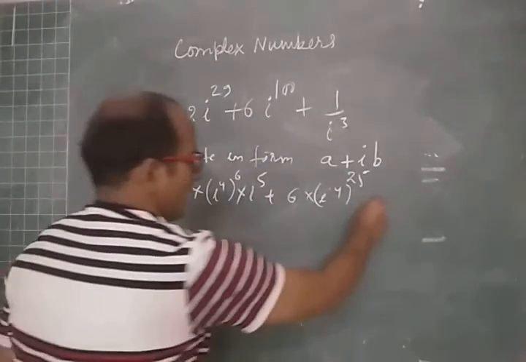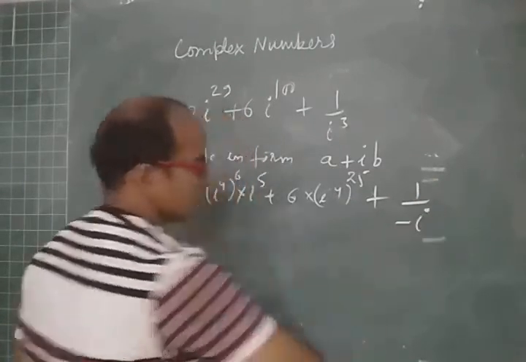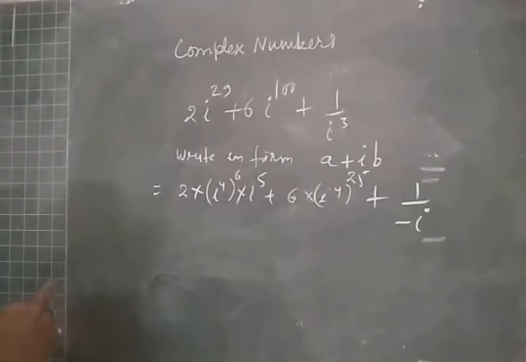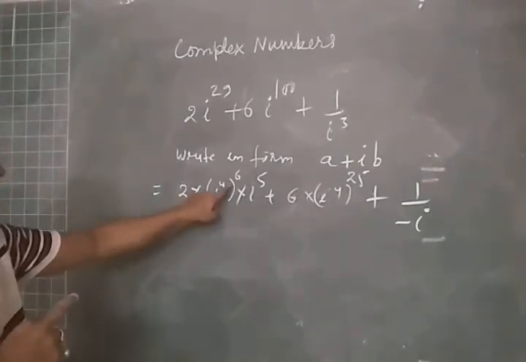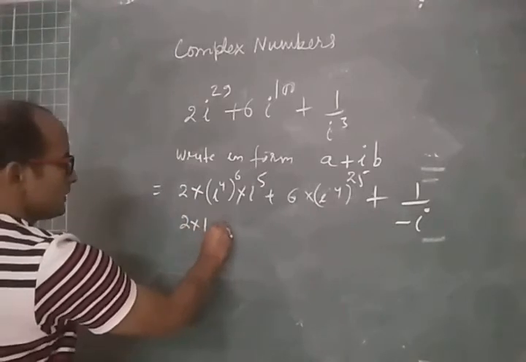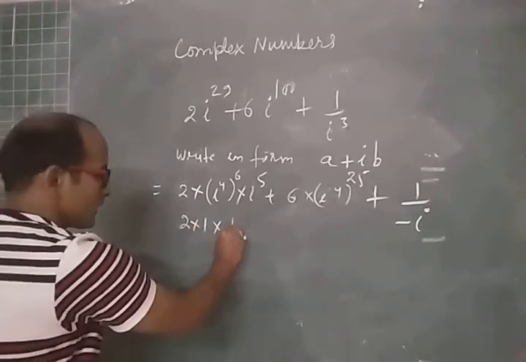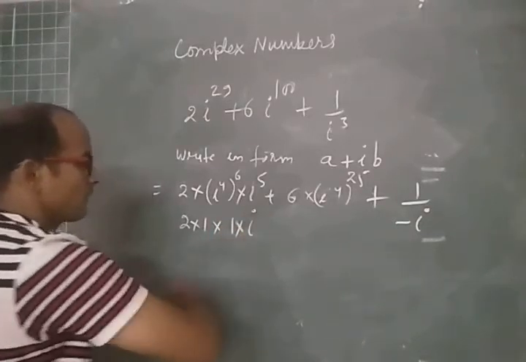Now 1 upon iota cube means minus iota. We have already told you. This is 1, and 1 raised to the power 6 means 1. So 2 into 1 into iota 4 into iota. Iota 4 you can again write 1, and iota.